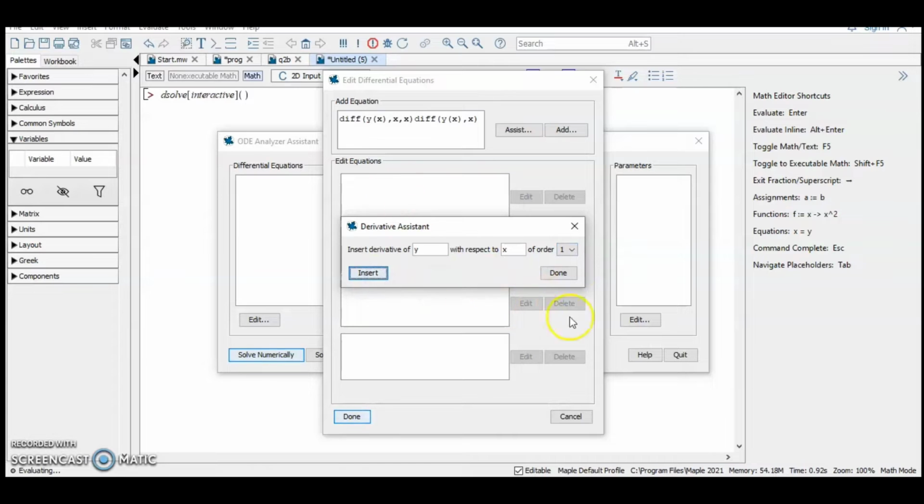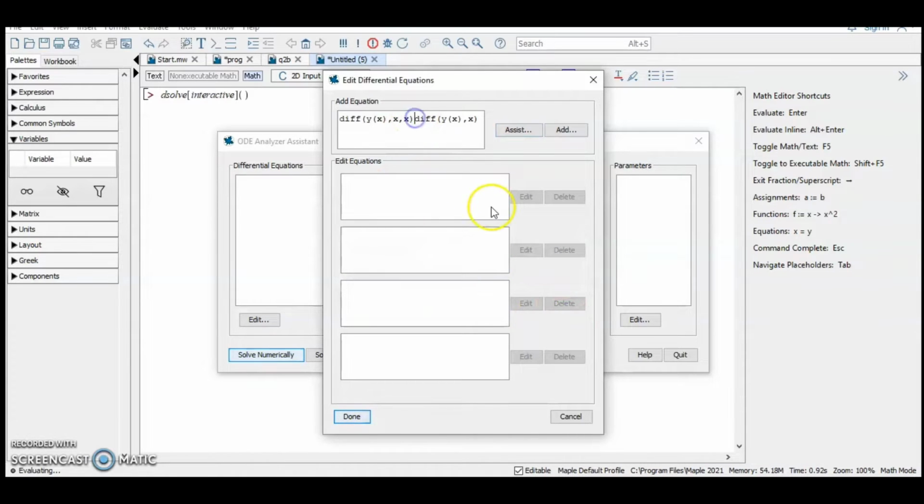Then the equation is y double prime minus y prime equal to e to the x minus x plus sin x.